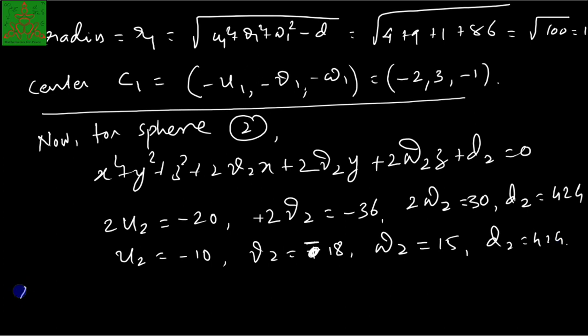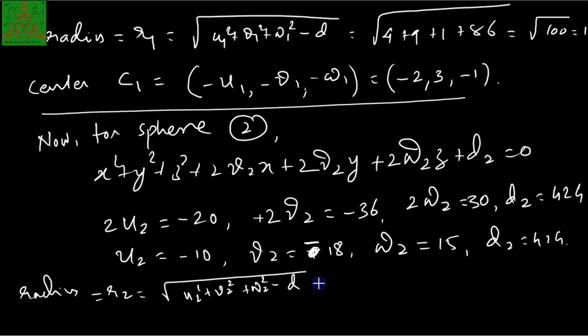So the radius of this sphere, that is R2, will be the square root of u2 square plus v2 square plus w2 square minus d. So it is 100 plus 18 square, that is 324, plus 15 square, that is 225, minus 424.